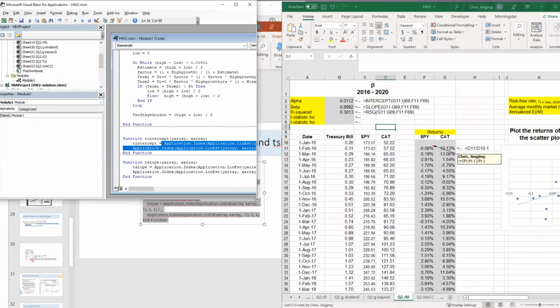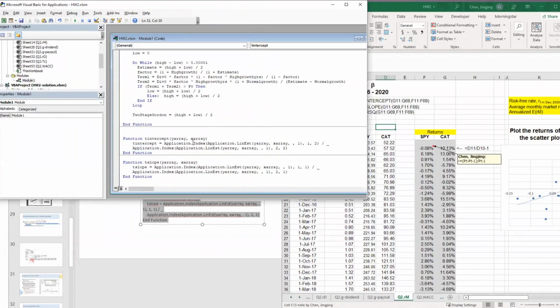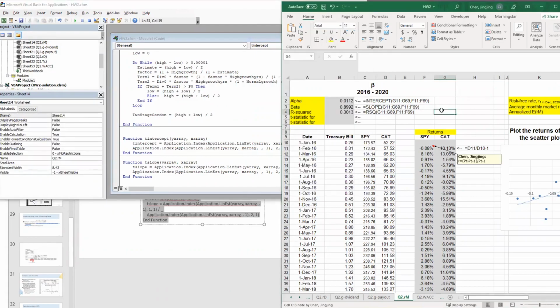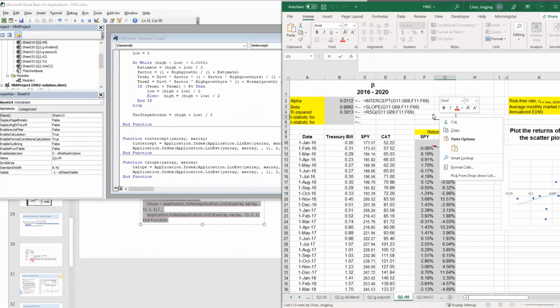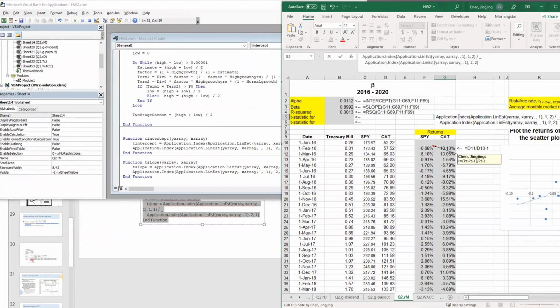So now these should be the Excel functions, LINEST and also INDEX. So I can do this here. And just delete applications. Delete that. Change the y arrays to cat.